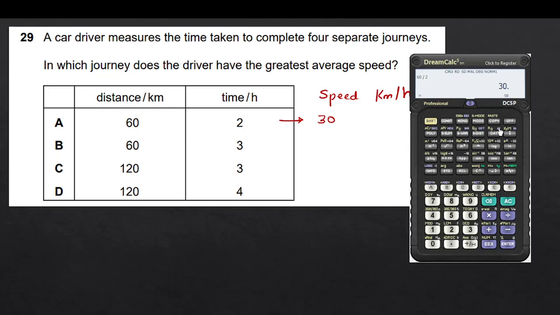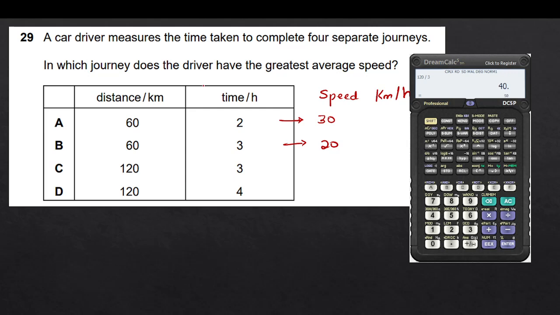For the second one, it will be 60 upon 3. So it is 20 kilometer per hour. For the third one, it is 120 divided by 3.